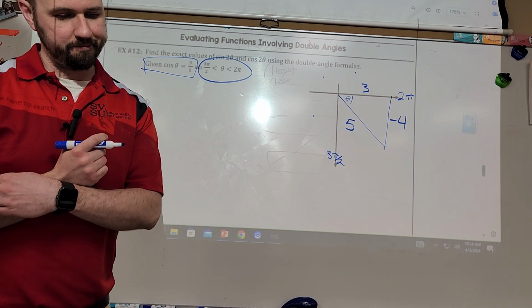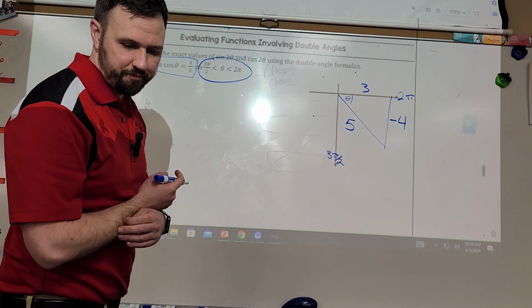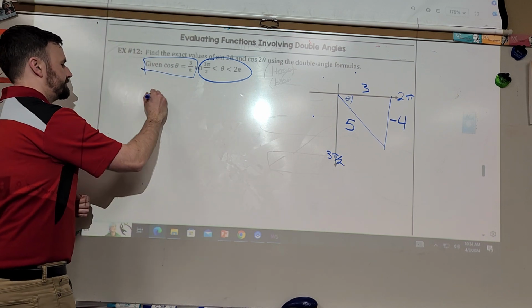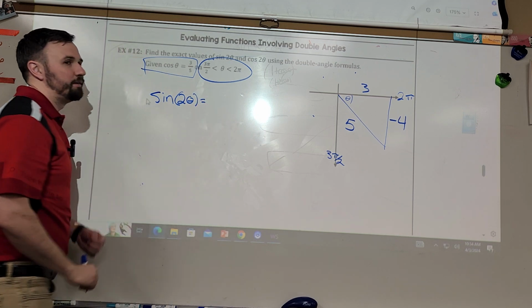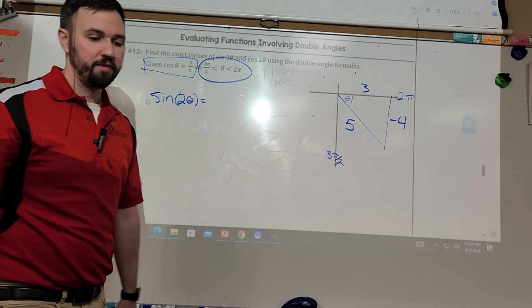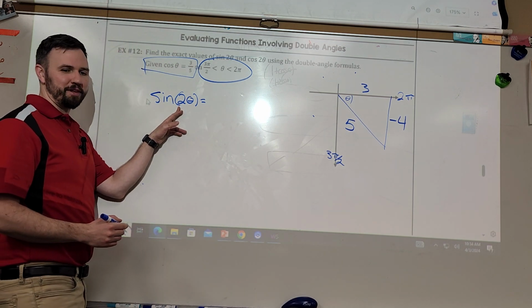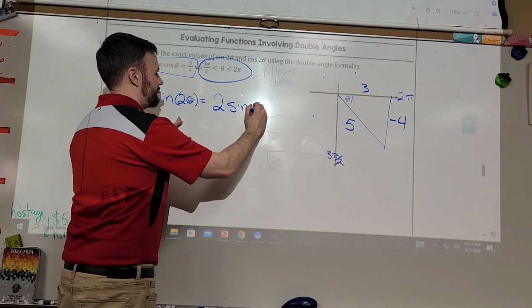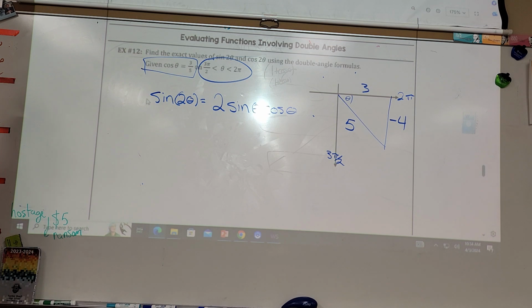All right. So they want to know what sine of 2 theta is. Mr. Twilliger, we don't know what theta is. How are we supposed to do it? Well, if we look back a few pages, what's our double angle formula? Can I convert this into something? Yeah, it's on page 144.